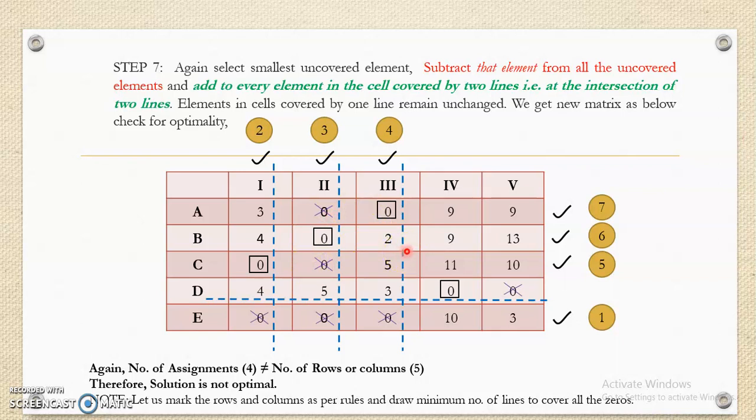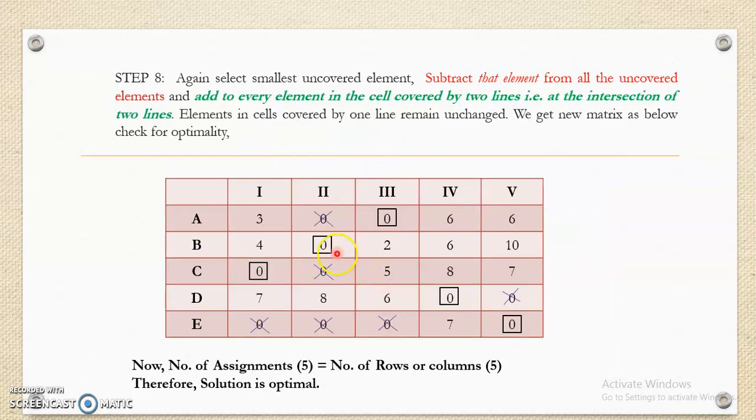The values which get changed are only uncovered values and values at intersections. So keep in mind as per our rules. As a result, we get this new table. So again, the rules which we applied on the previous table are displayed here.